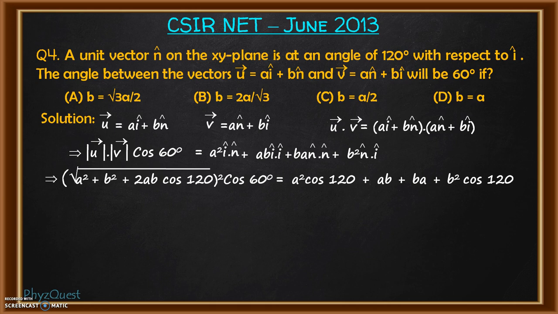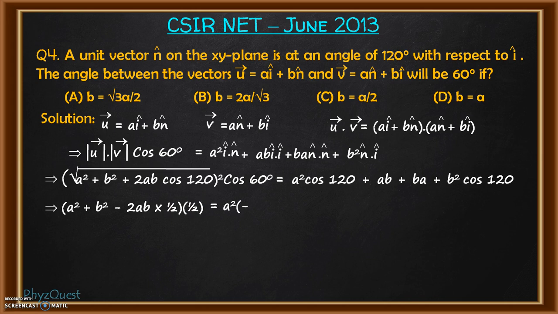So now the right hand side will be square root and square. So ultimately it will be a square plus b square minus 2ab into half. Why minus here? Cos 120 degree is minus half. So when we multiply it, it will be minus 2ab into half, into cos 60 degree value which is half. So into half.